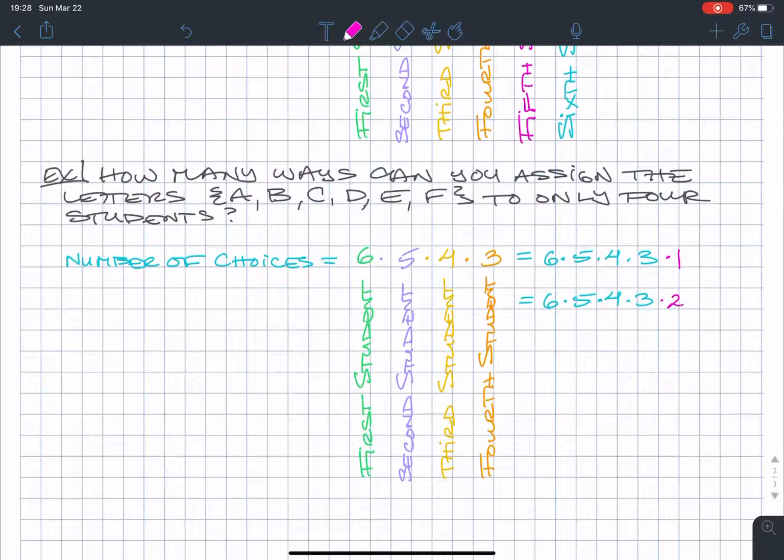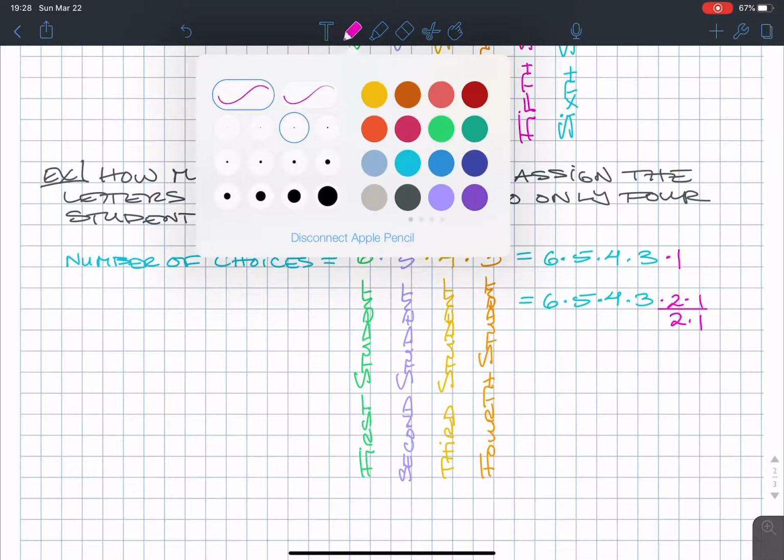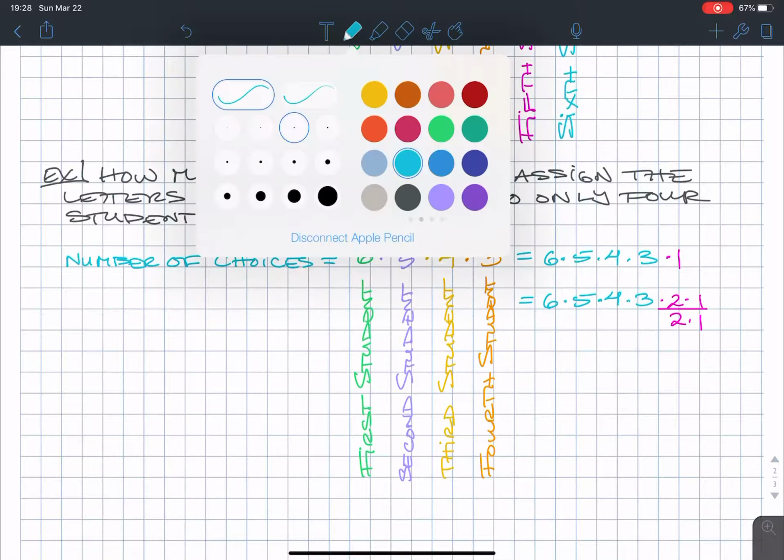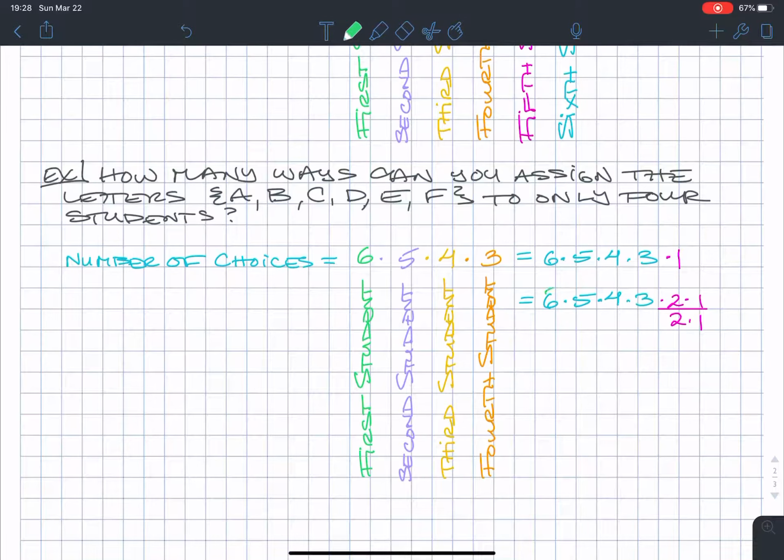It's 2 times 1 divided by 2 times 1, which is equivalent to 1. But now, in the numerator, what I now have is 6 factorial. So I can rewrite this as 6 factorial divided by 2 factorial.